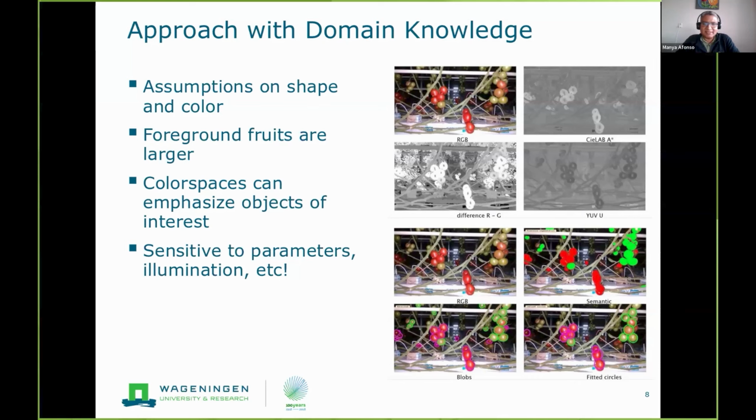For example, in the case of tomatoes, we make assumptions such as the shape and color of the fruits, and also use other information like a ripe tomato is red, whereas one which is not ripe is green.